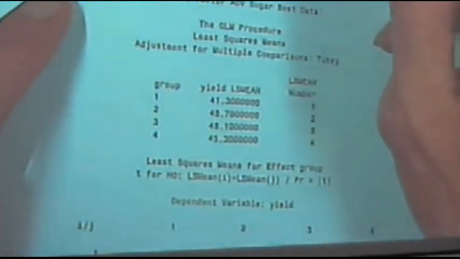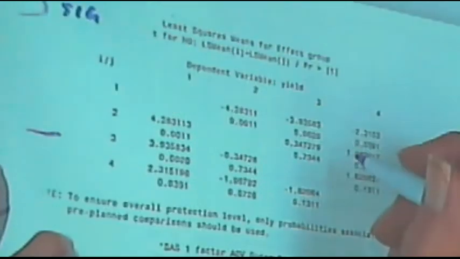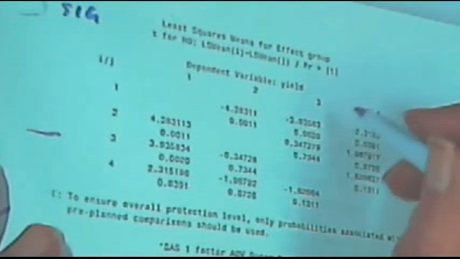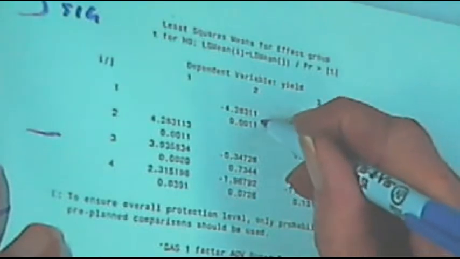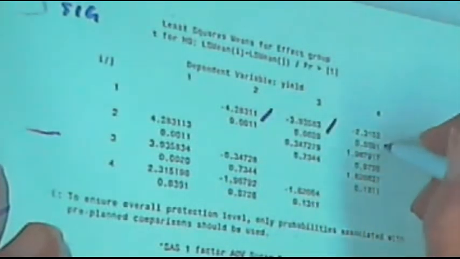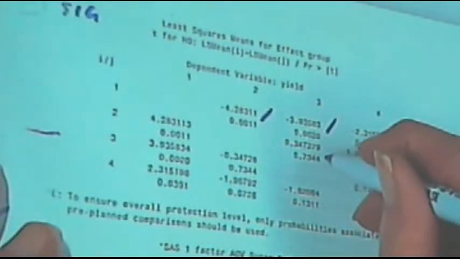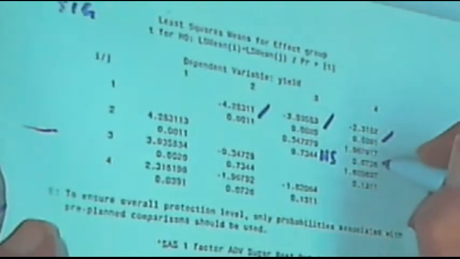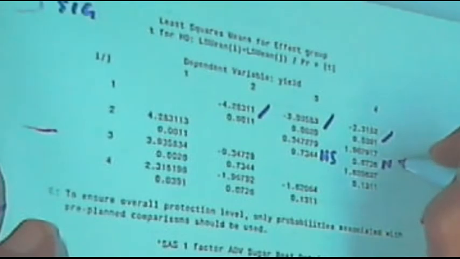And then we get these pairwise comparisons, test statistics and p-value. Significant, significant, significant, not significant, not significant, not significant.